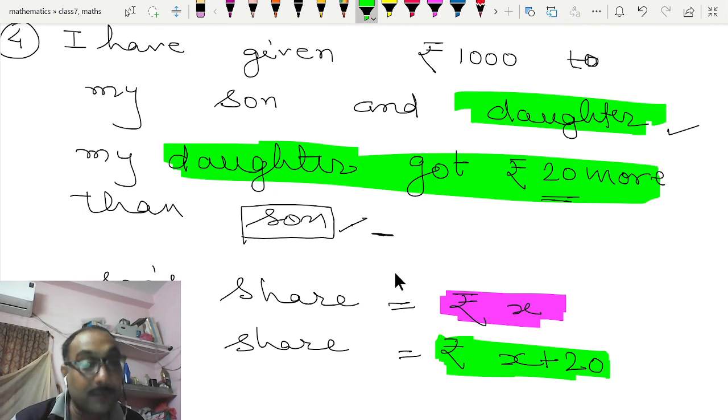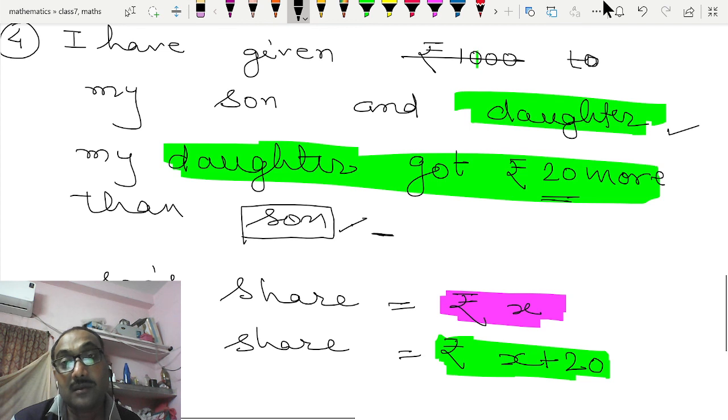And what is the beginning part of the question? I have given rupees 1000 to my son and daughter. Means the total money distributed from my side is rupees 1000.